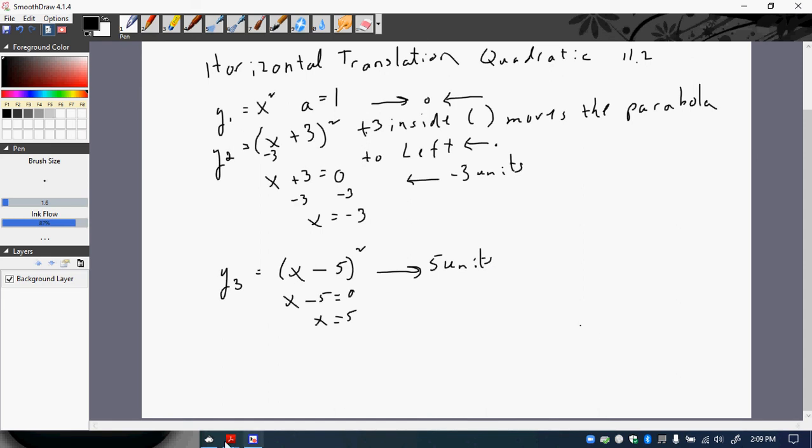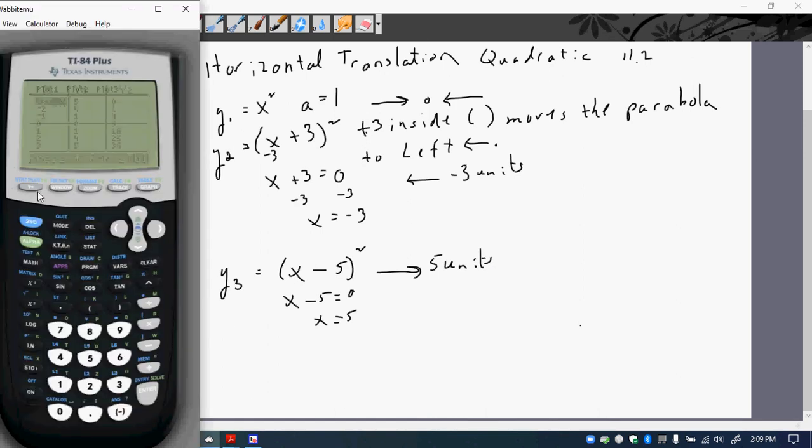So if we graph that, we go to y equals, go to y3, we do parentheses x minus 5 to the power of 2, and hit graph. We see that it does move to the right 5 units.